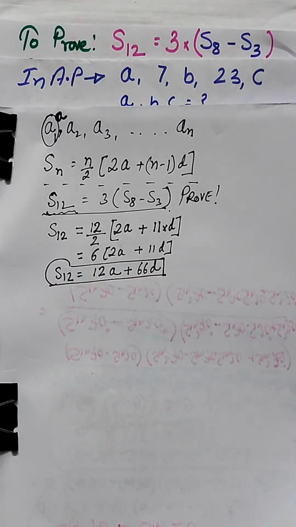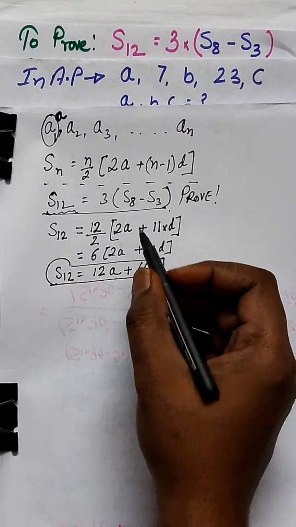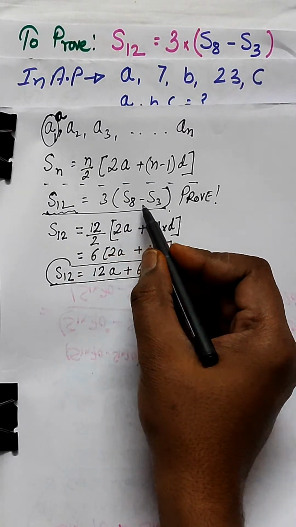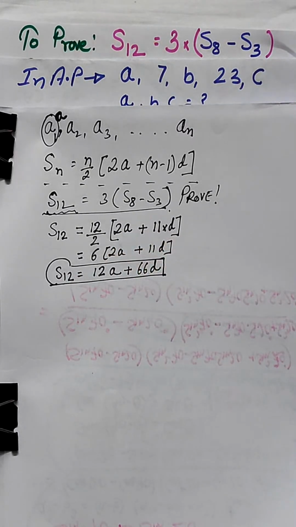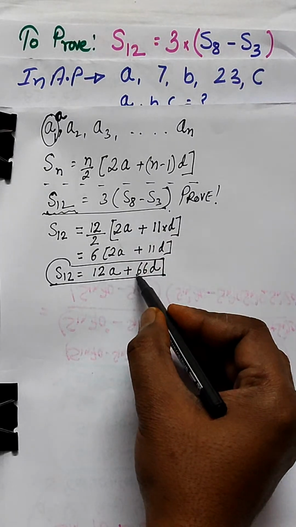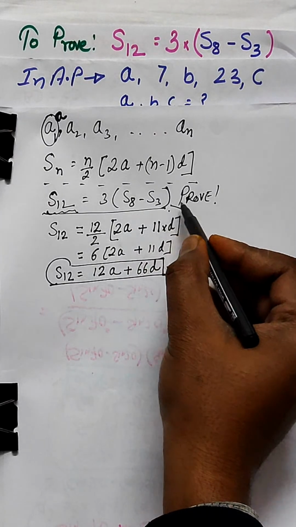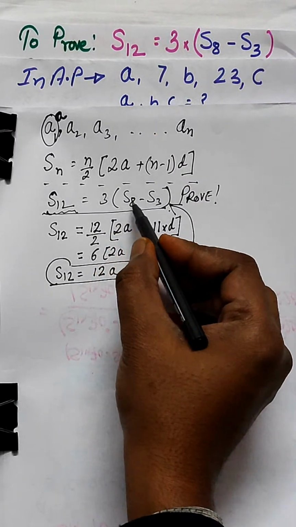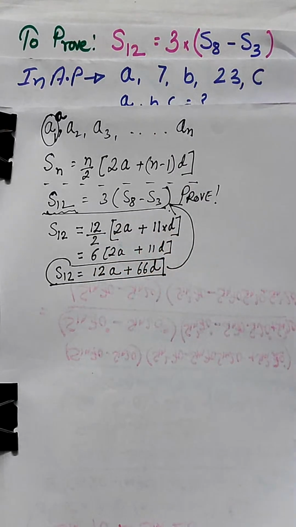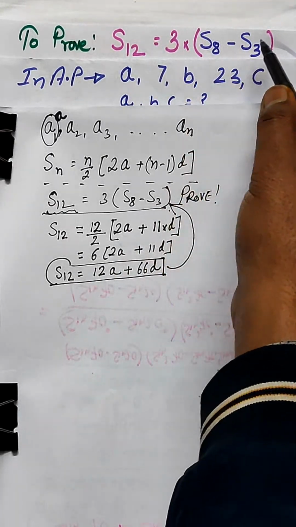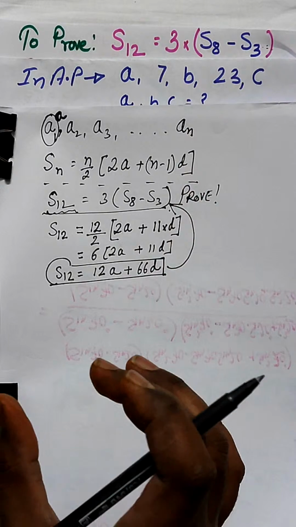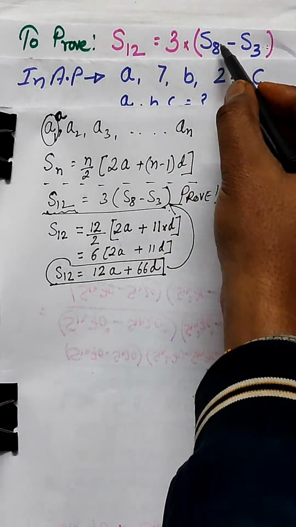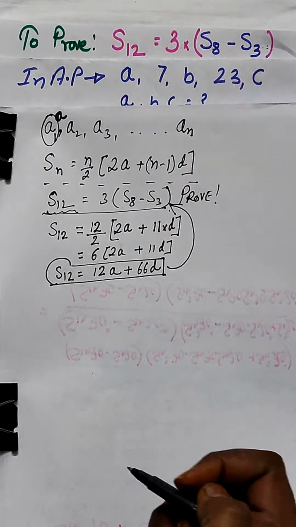Now in the RHS we have 3 times (S8 minus S3). This value should be equal to the LHS. This is the question, right? You will get that value only when you know the value of S8 and S3.